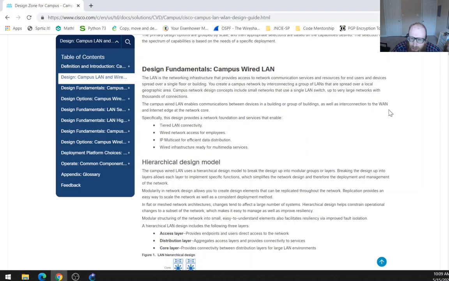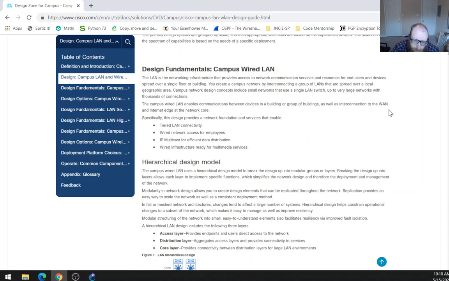Campus network design concepts include small networks that use a single LAN switch, up to very large networks with thousands of connections. The campus wired LAN enables communications between devices in a building or group of buildings, as well as interconnection to the WAN and internet edge at the network core.